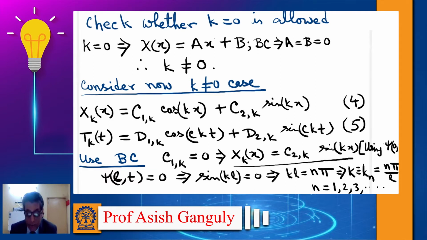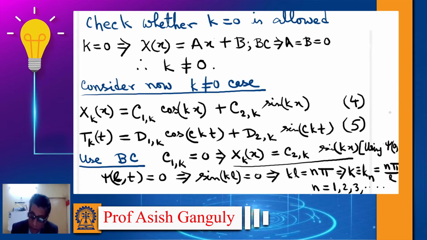You now know k is real, which is n pi by L. So that means we get capital Xk. There is an arbitrary constant there, I know. And these arbitrary constants will be evaluated using the initial condition.